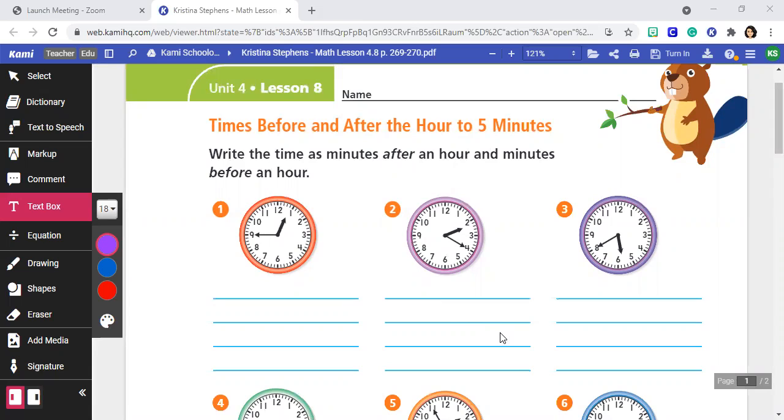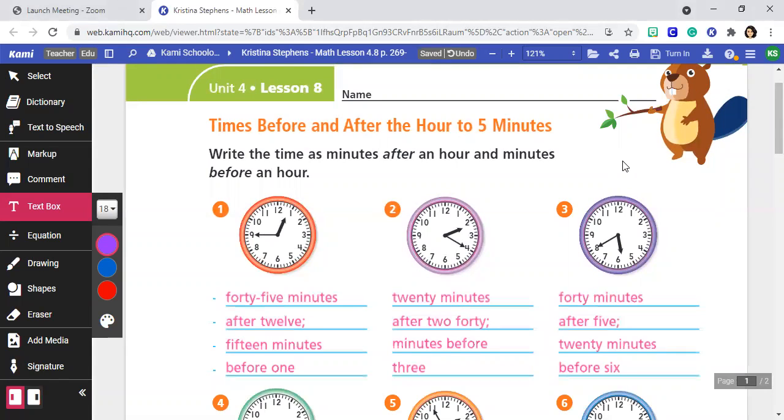Okay, welcome back. Let's take a look. Where is my undo? There it is.